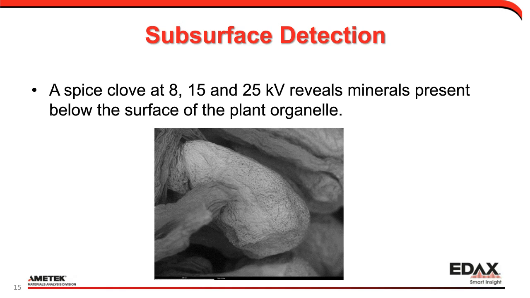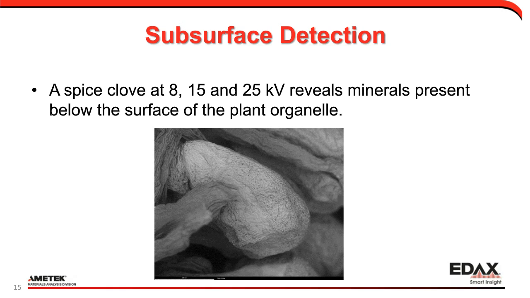So I was expecting to find an awful lot of interesting higher energy, higher atomic number materials within the spice clove. Looking at the first electron image at 8 keV, we don't see a whole lot of interest there, which is consistent with the sawgrass experiment also done.